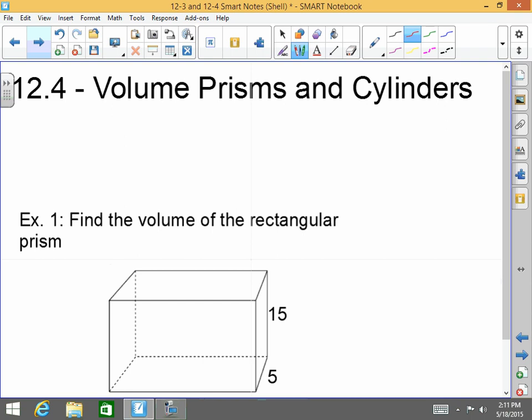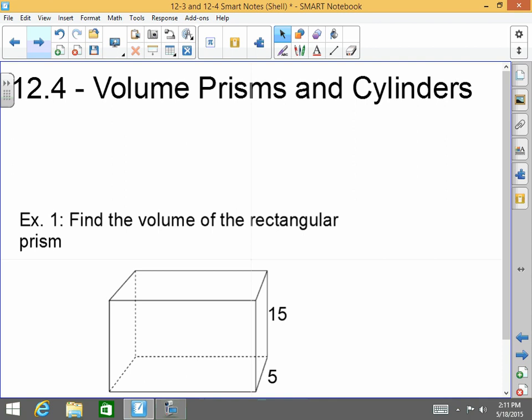Next, volume of prisms and cylinders. Volume is different than surface area. Surface area is how many square units encompass the outside surface. Volume is, definition from chemistry, how much matter inside of a figure.